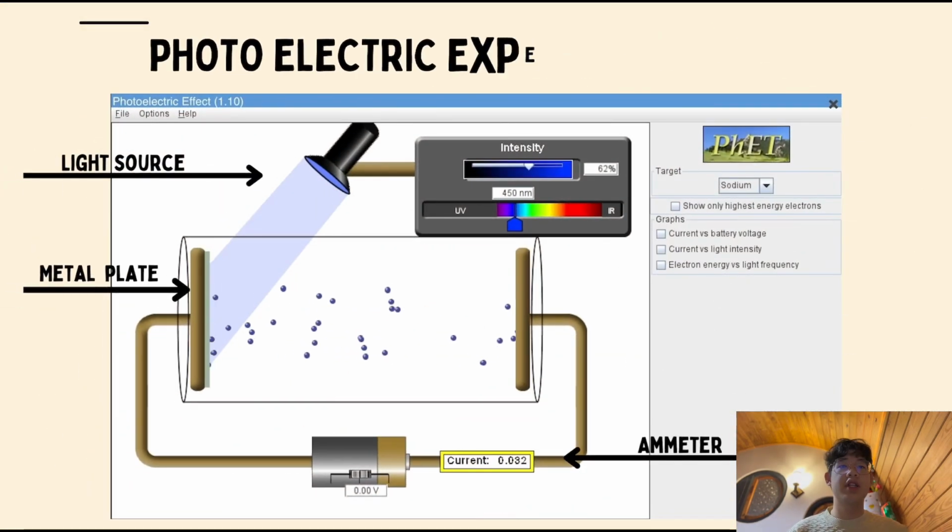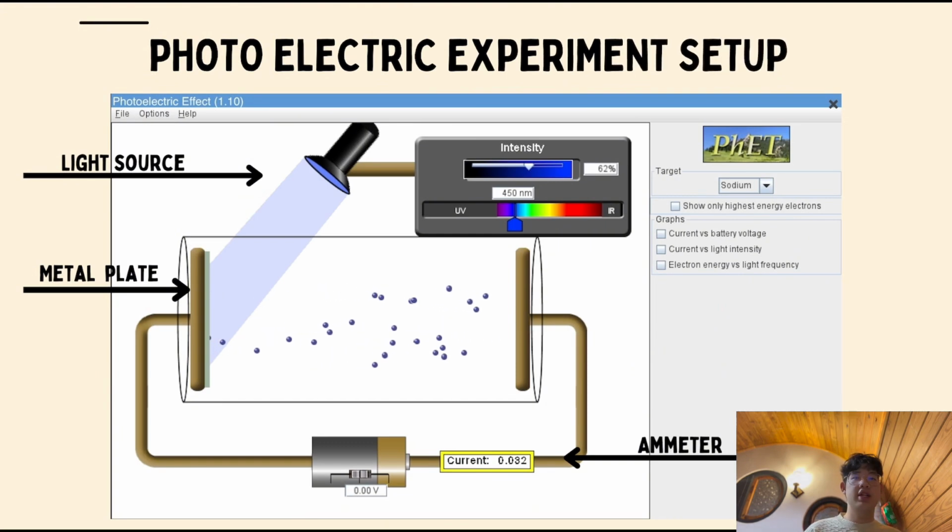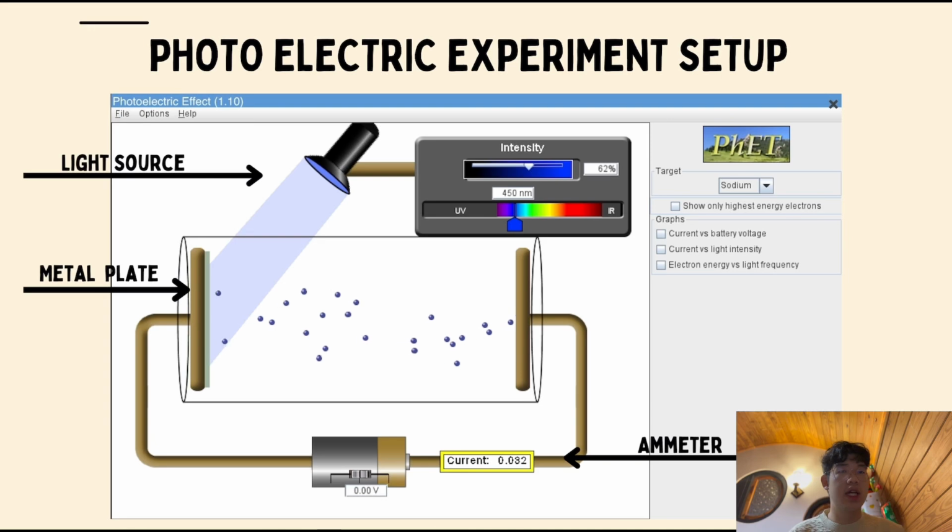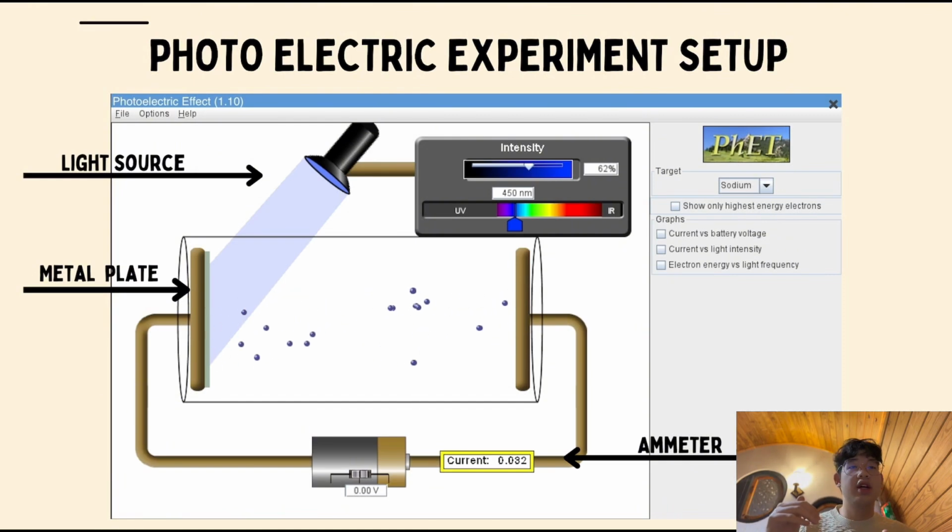So first off, on the photoelectric experiment, the photoelectric effect happens when light strikes the surface of a metal and causes electrons to be ejected. And here's how the experiment is set up. First off, we need a light source that emits a specific frequency and intensity onto a metal surface, and if the conditions are right, electrons will be ejected from the metal.